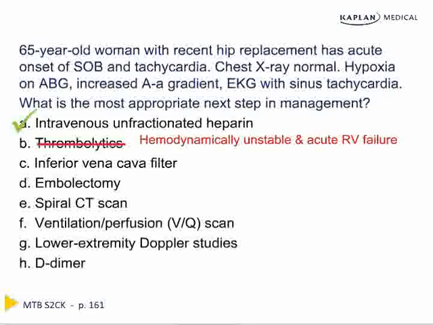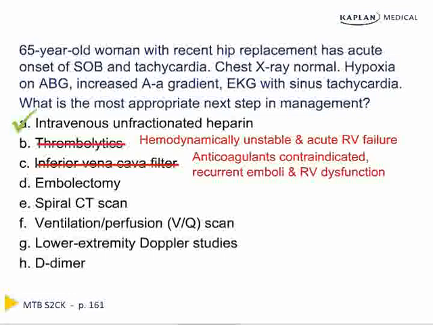Thrombolytics is incorrect because it's only used when the patient is hemodynamically unstable and has acute RV failure. An IVC filter is only indicated if the patient cannot tolerate anticoagulation, or if they continue to develop thromboemboli while on anticoagulation.